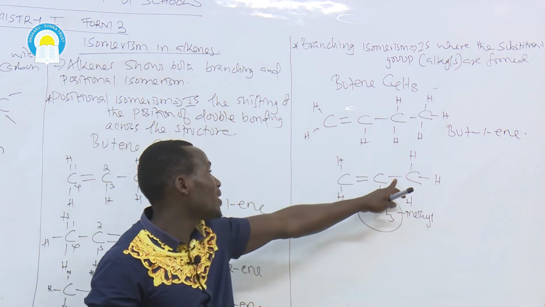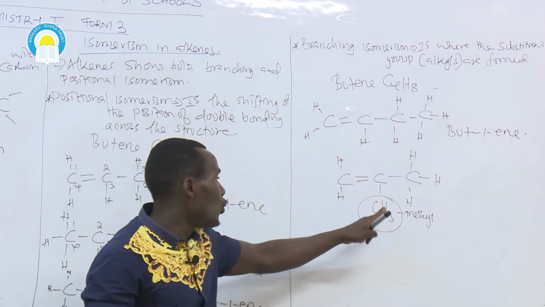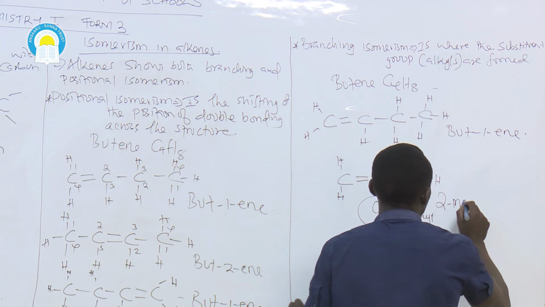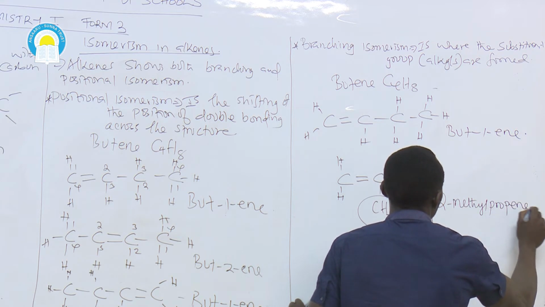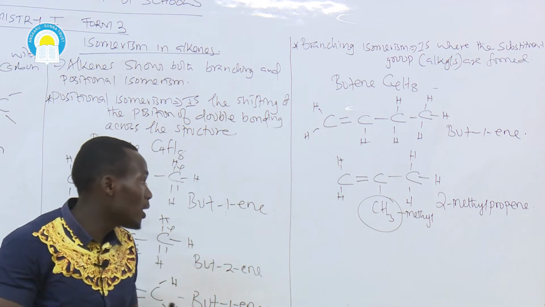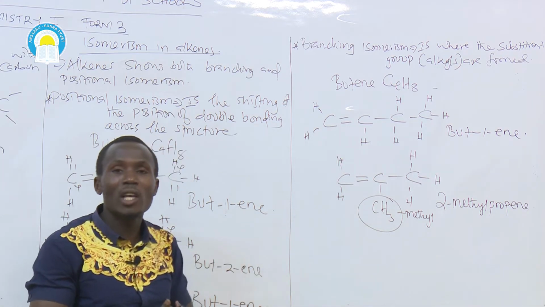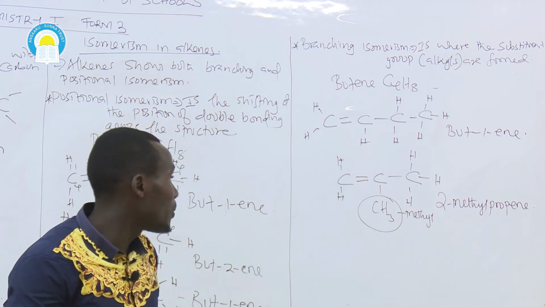Even if we bring it on this side, there will still be no change in the name. So it will be 2-methylpropene. So we have this one as the substituent group, and this gives us the branching isomerism in alkenes.